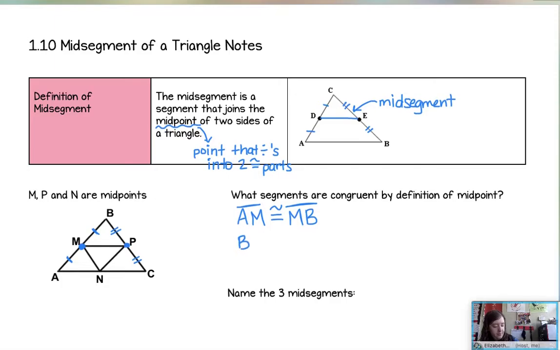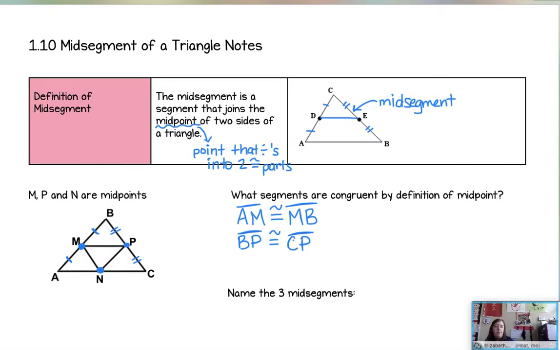BP is going to be congruent to CP. What are the last two segments that are congruent since N is a midpoint? You could have had PC too, that would have been fine.